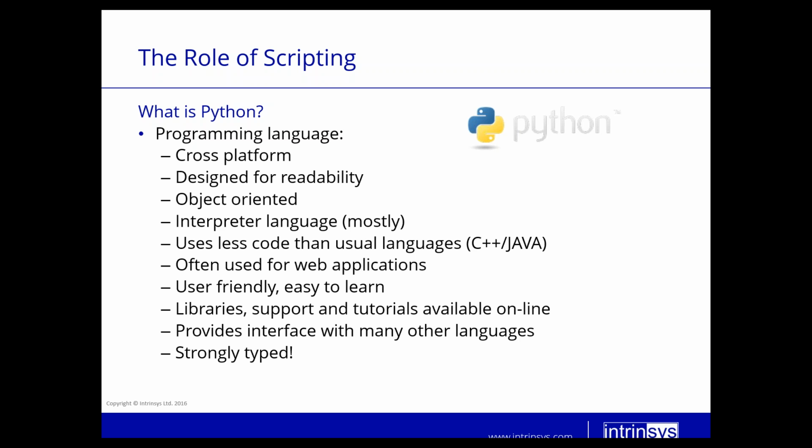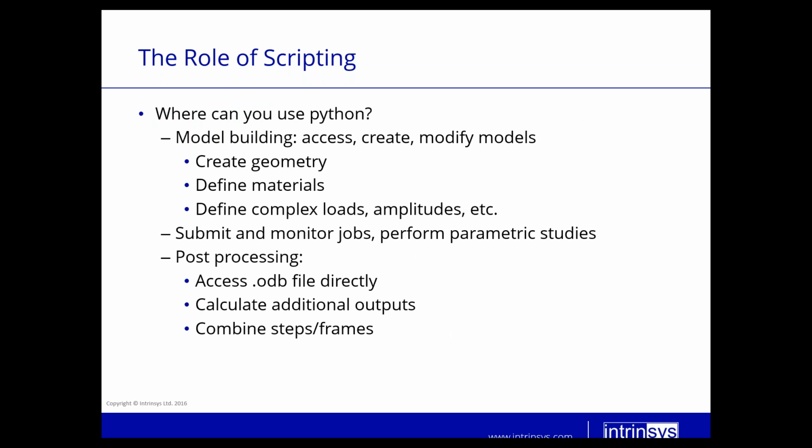It is free to use, so you can find a lot of tutorials and support and materials online. Last thing probably to keep in mind is Python is case-sensitive. That means it makes a difference if you're writing with small or with capital letters. That is always something to keep in mind, because that's one of the biggest beginner's mistakes that we make. Okay, so where can we use this Python?